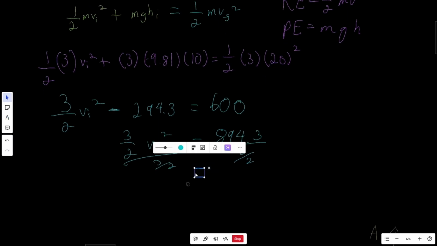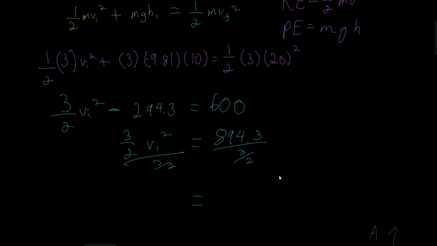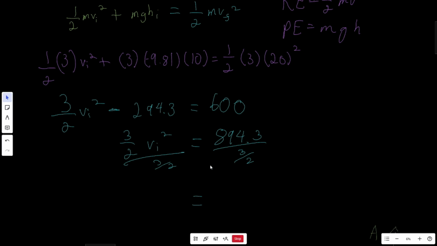Using our calculators, that will get us 894.3 divided by 3/2. Hold up. This will get us 596.2, which is equal to vi squared.